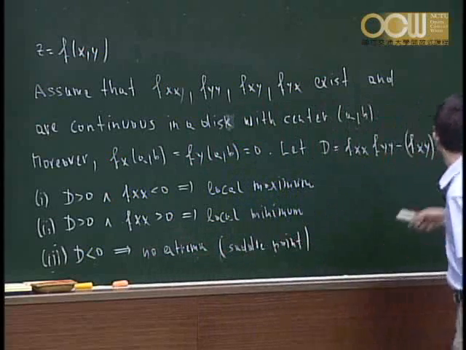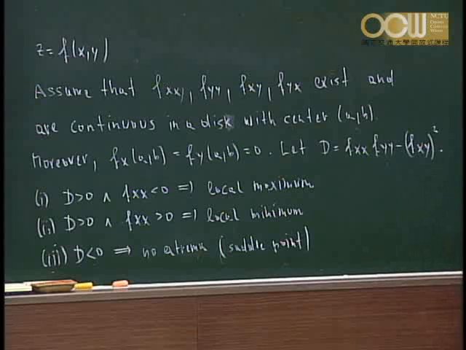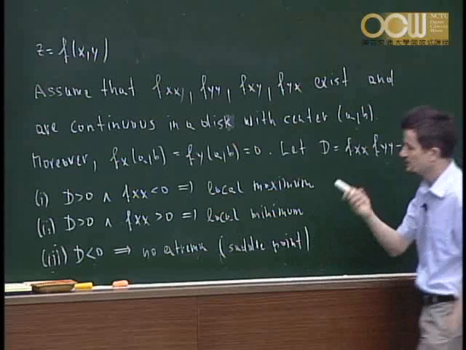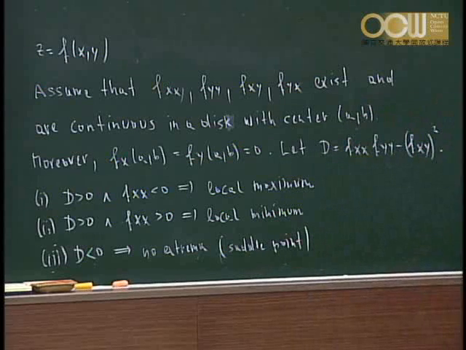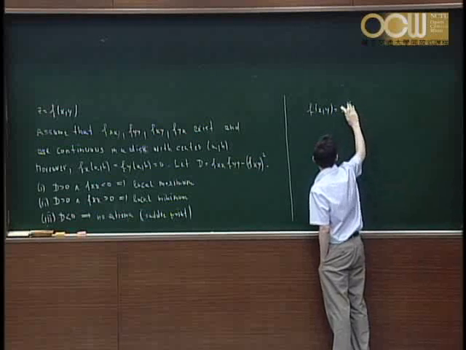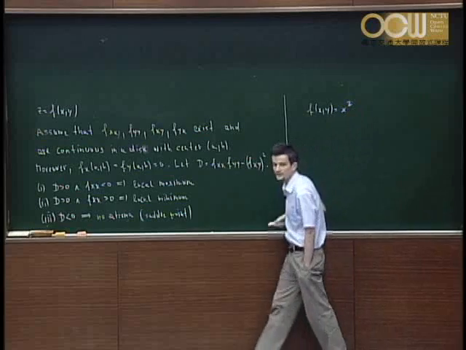So what is so special? Maybe I give you an example just so you see what is so special about this case. For instance, this is a function which we can easily depict.